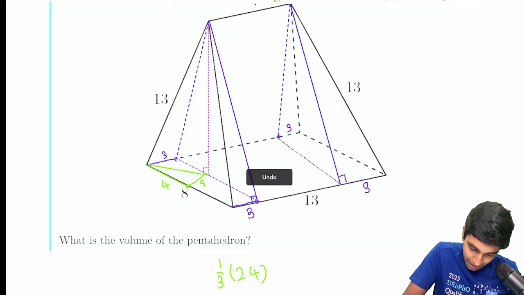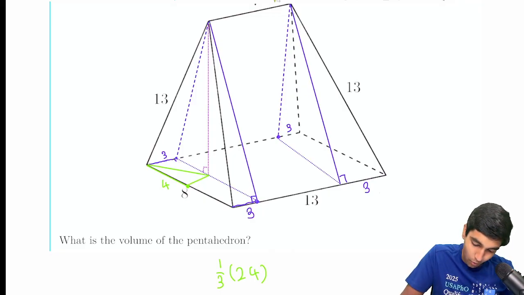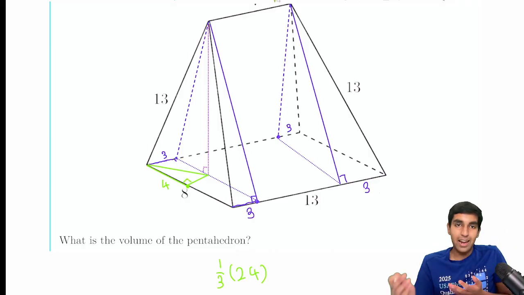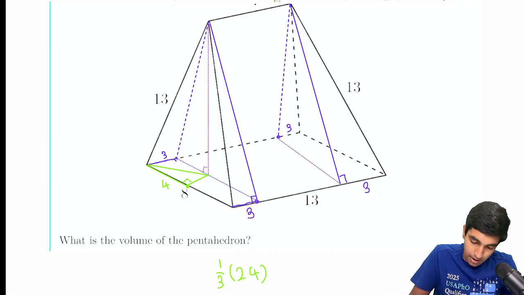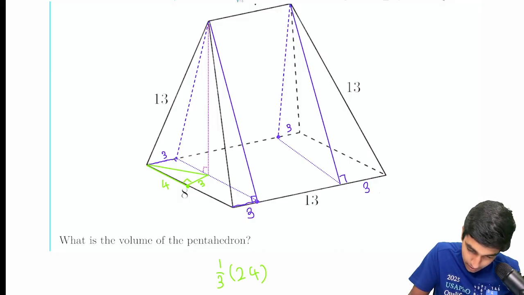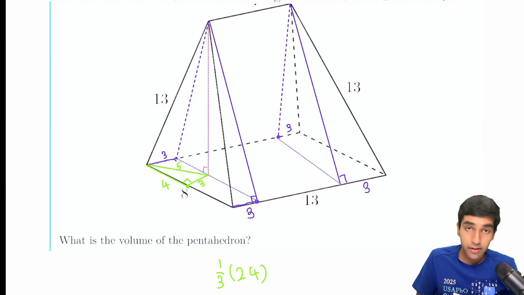It's tricky to visualize right triangles in 3D because the angles don't look right from this viewing angle. But imagine we tilt this on this side. This length is also 3, and this is a right angle, so this green segment is equal to 5.